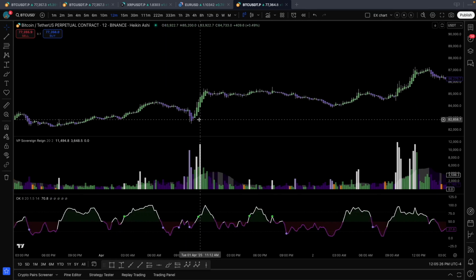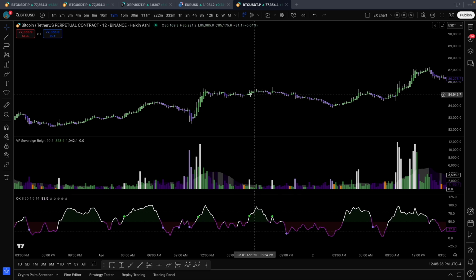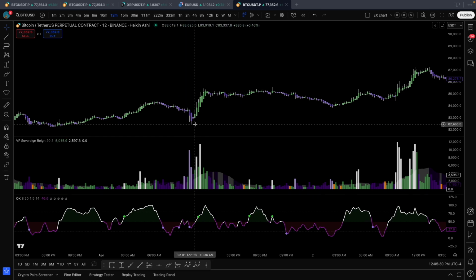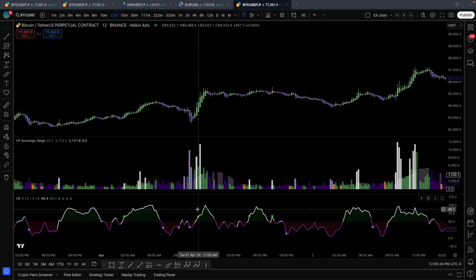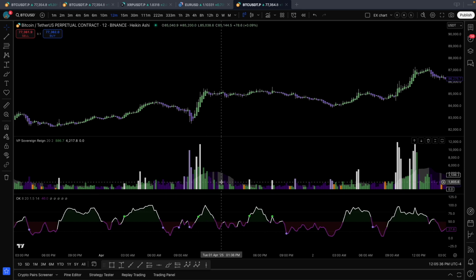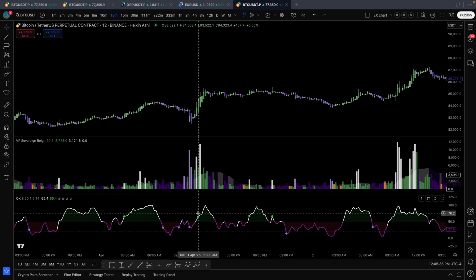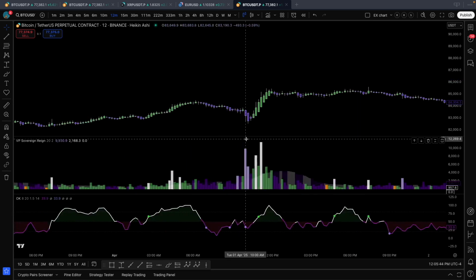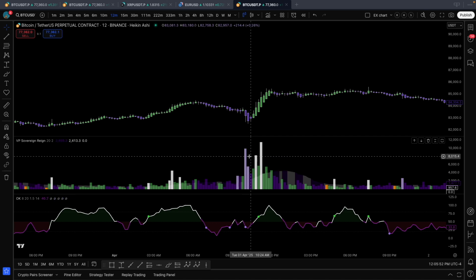Right here, spike. I wouldn't have taken this. This is just chop. We did get a print down here, but this was a continuation print versus a reversal print. But I would have tried to get the long in, because right here we got the reversal saying, hey, we're going to reverse, lower volume over here.